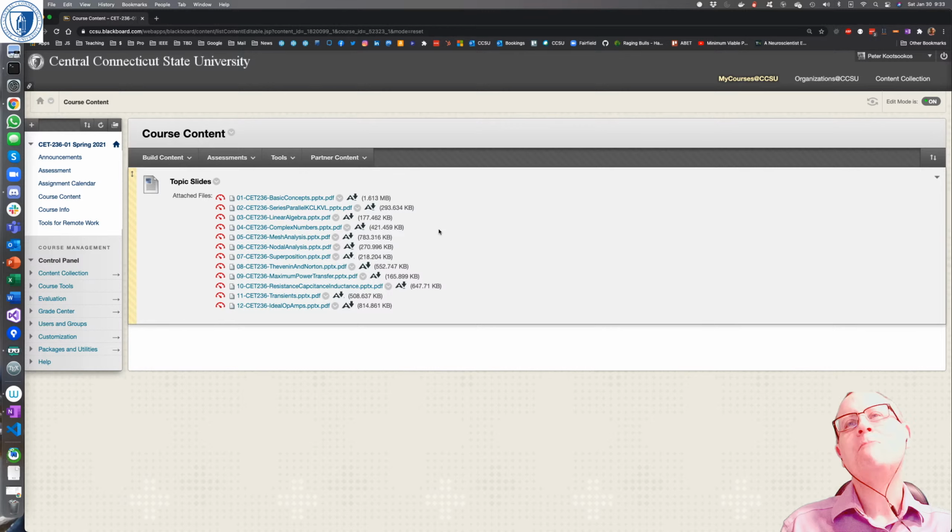Then I found a nice little VBA script for PowerPoint that runs through all of the PowerPoint files in a directory and spits out their PDFs. So I ran that.